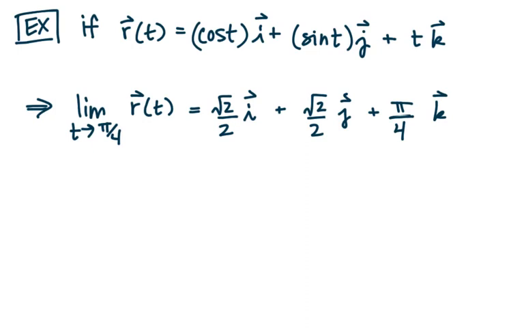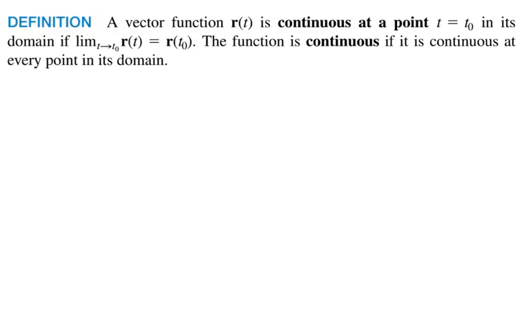So continuity also follows a similar argument. Let's talk about our definition for continuity of vector valued functions. Continuity for vector valued functions is defined the same way we would define continuity for scalar functions on an interval. If it is continuous at a point inside its domain, if the limit equals that function value, then the function's continuous at every point within the domain.